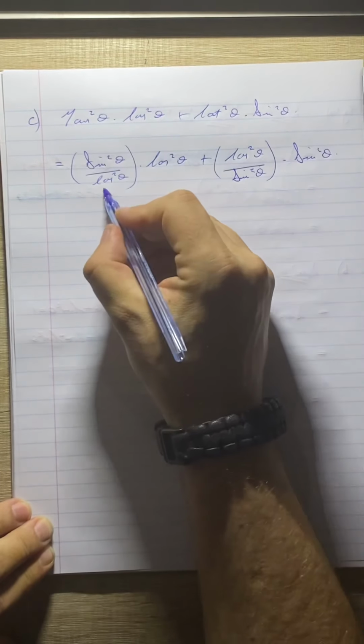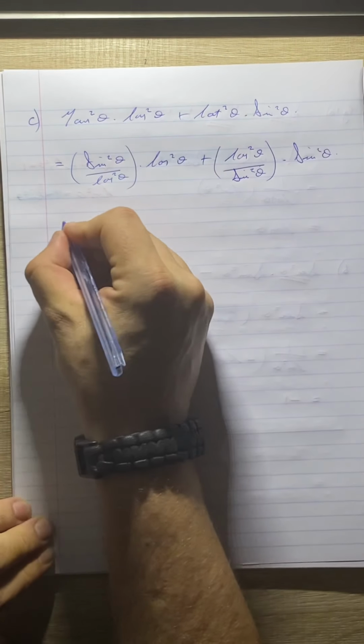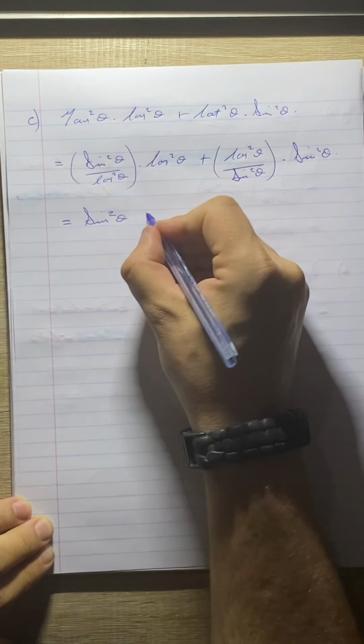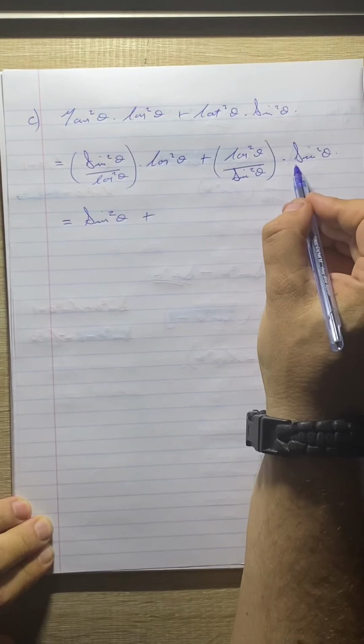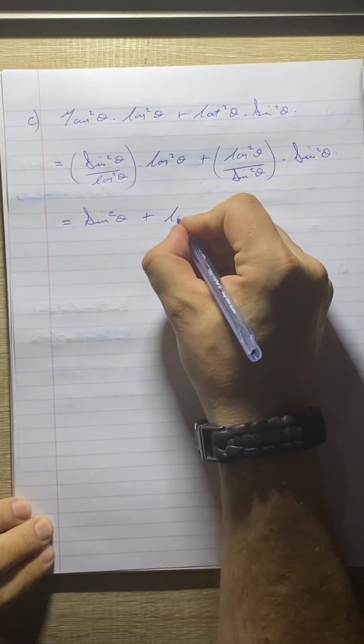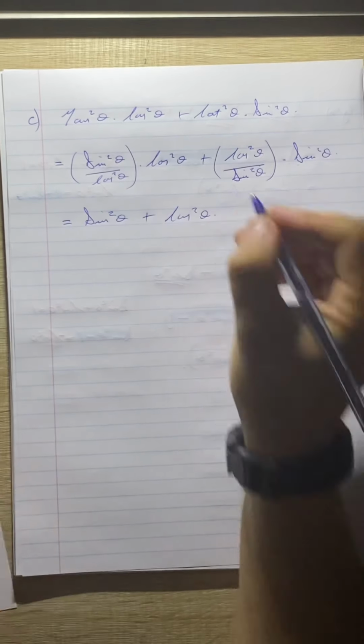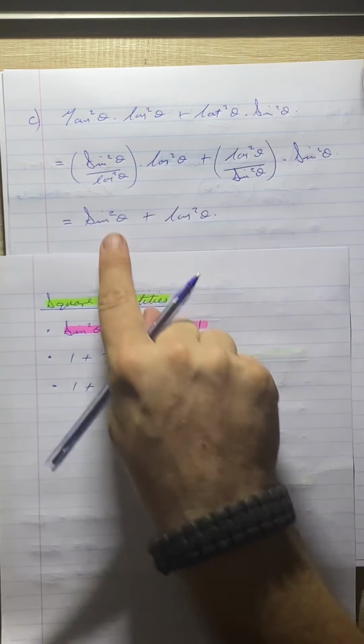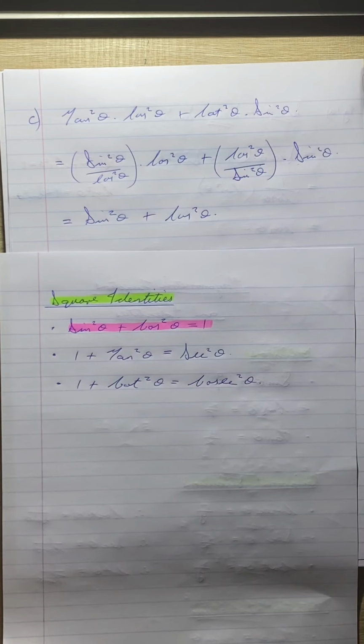All right, so this cos squared will cancel with that cos squared, and we're left with sine squared theta plus this sine squared will cancel with that sine squared, and we're left with cos squared theta. Now, that is our square identity. Sine squared theta plus cos squared theta. And we know that's going to be equal to 1.